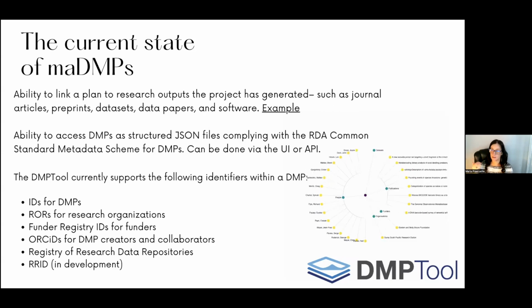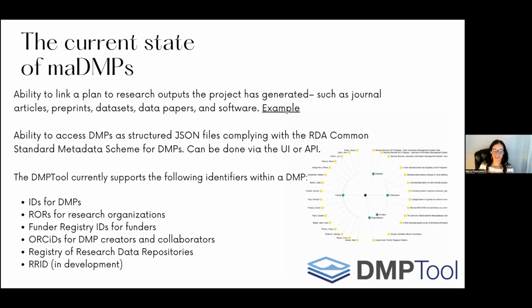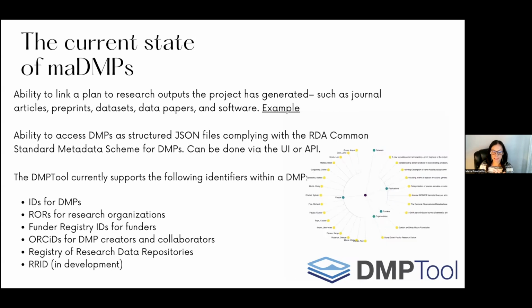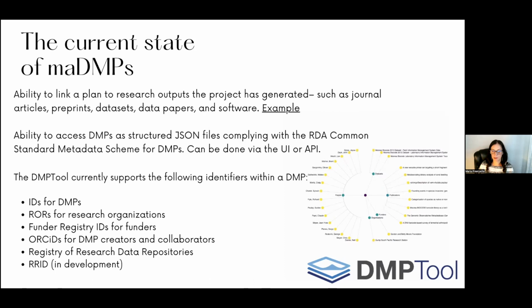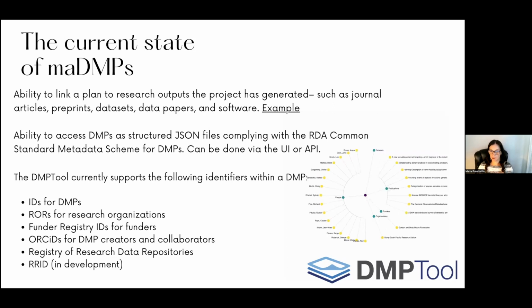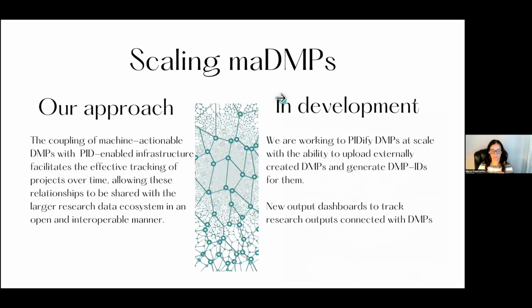So that is RORs, obviously, was the first one we did. We also did funder registry IDs. We had increasing ORCIDs, and then re3data for research data repositories. And our next step on that list is RRIDs, which we plan to tackle probably late spring.